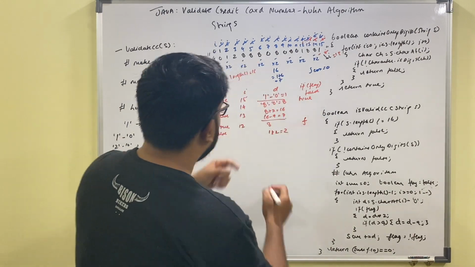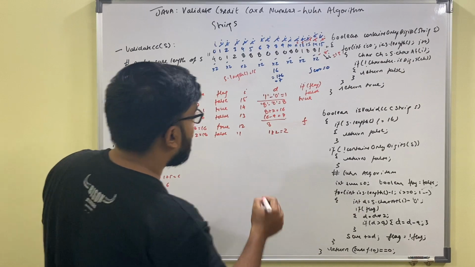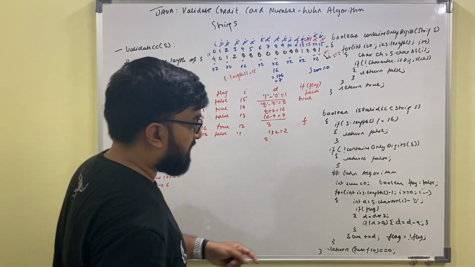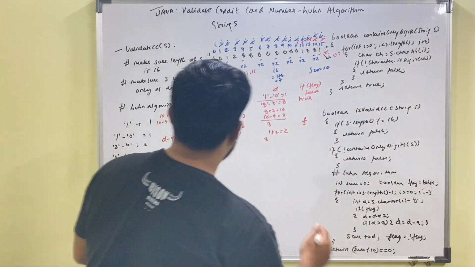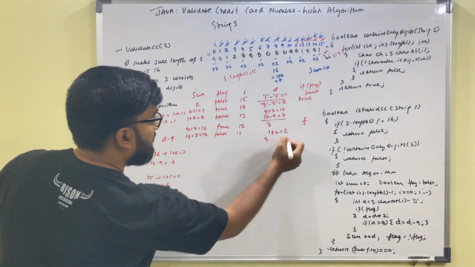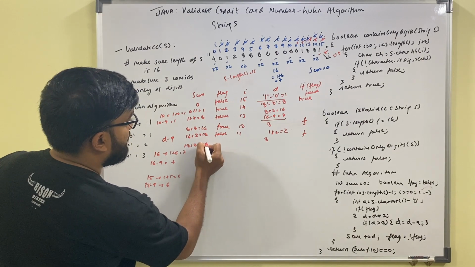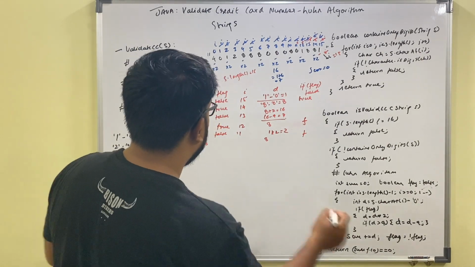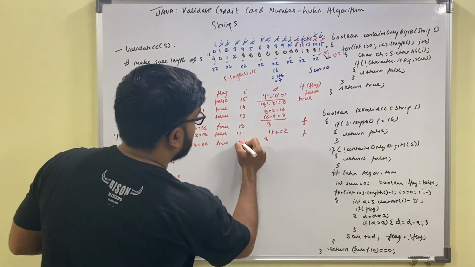Okay, next value of I becomes 11. I comes here. Okay, I is 11, D is 8. If flag is false, sum plus D, sum is 18 plus 8 is 26. Okay, flag is not flag, flag becomes true. Okay, I comes here, I becomes 10.